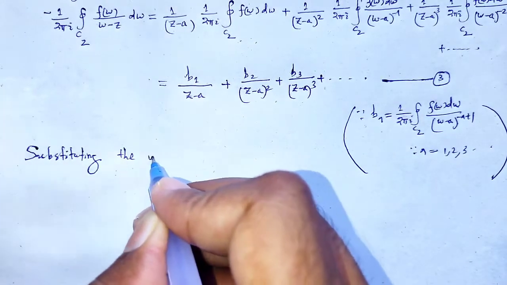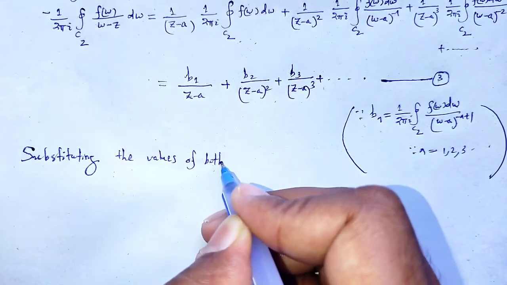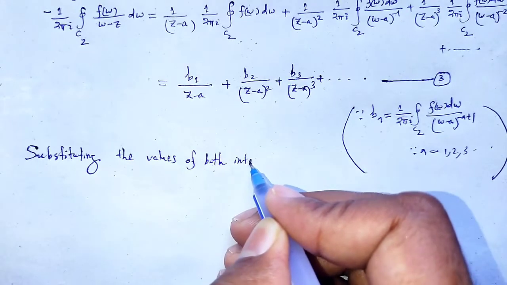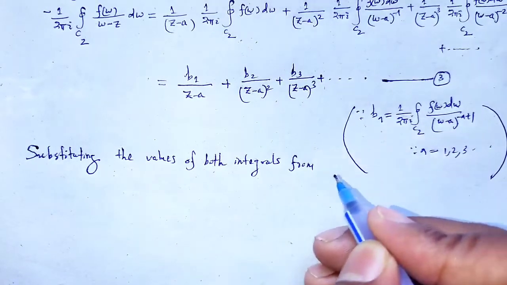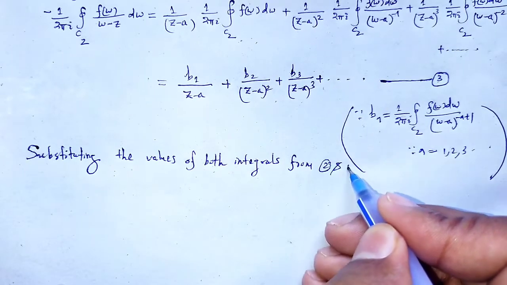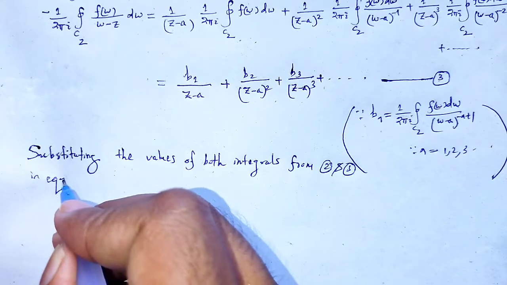Let us put the values of equations 2 and 3 in equation 1, substituting the values of both integrals from 2 and 3 in equation 1.